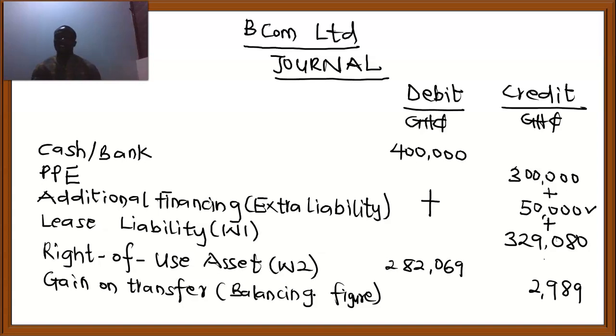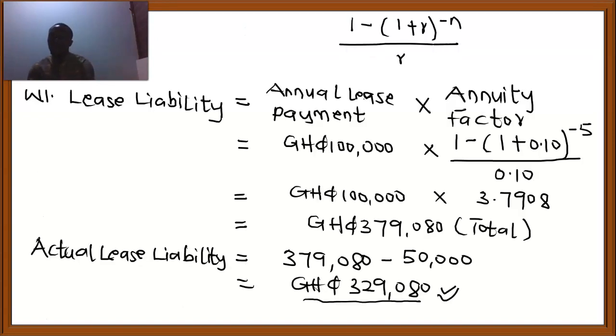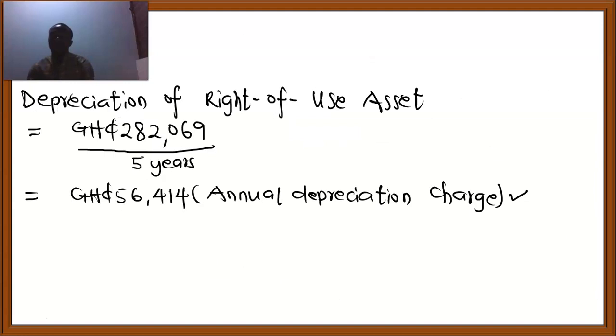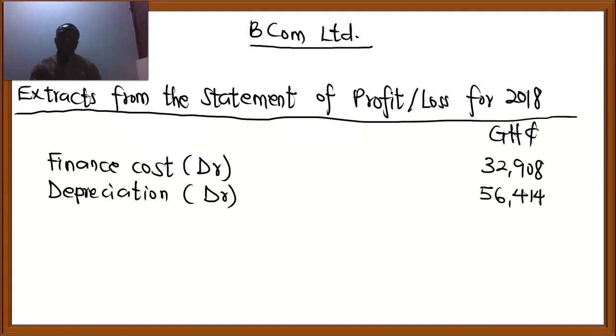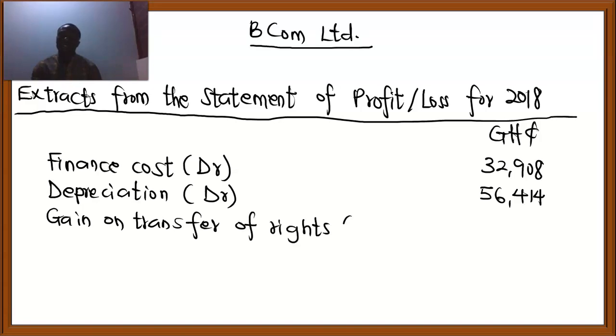So when you do that, you realize that the debit side agrees with the credit side. So it is the 2,989 that you are going to recognize in the statement of profit or loss as a gain. So we have gain on transfer of rights. Gains have credit balances, so we have 2,989.